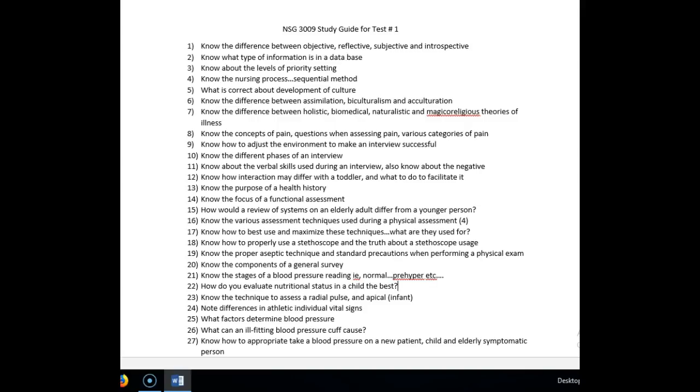The stages of blood pressure. Oh my goodness, yes. I forgot to tell you guys about the stages of blood pressures. What I want you to know about is prehypertension, which is, believe it or not, prehypertension.